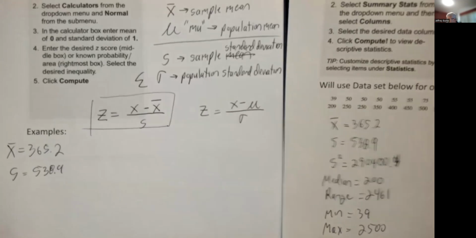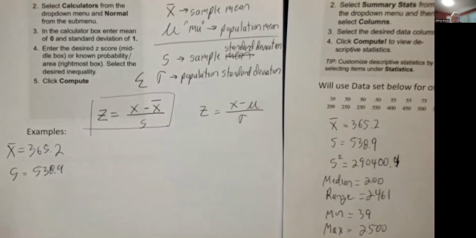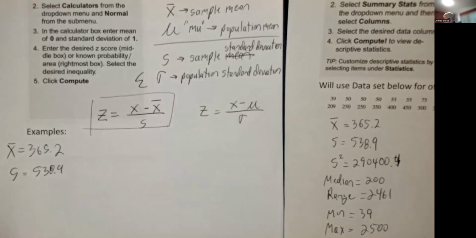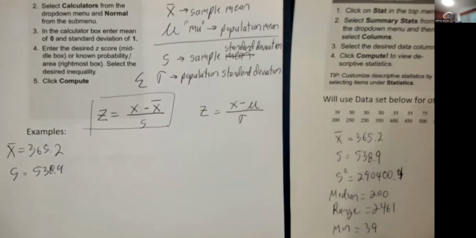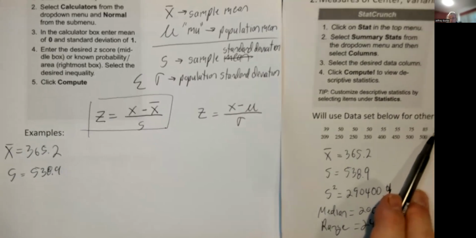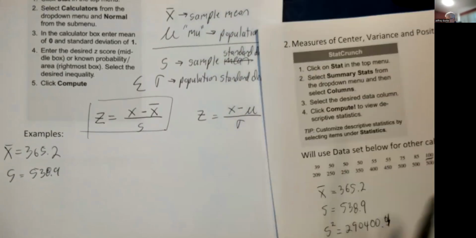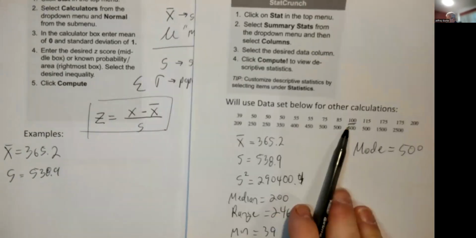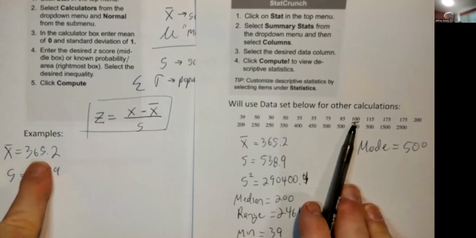So let's say, for example, I want to know the z-score for the value of 100. Now if we take a look at 100, we should note that 100 is less than the mean value of 365.2.